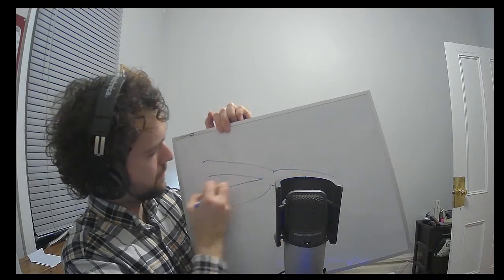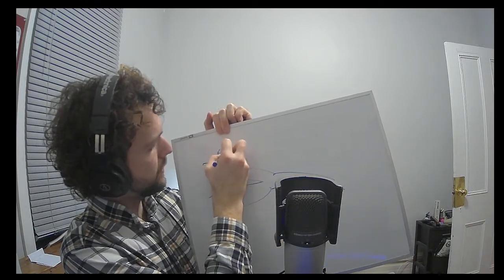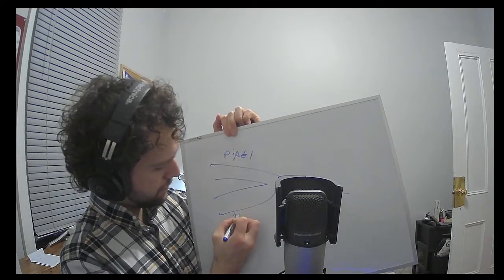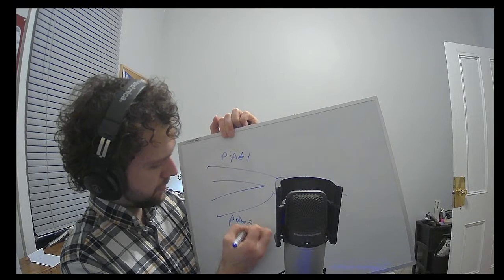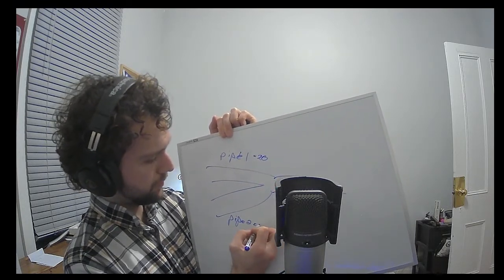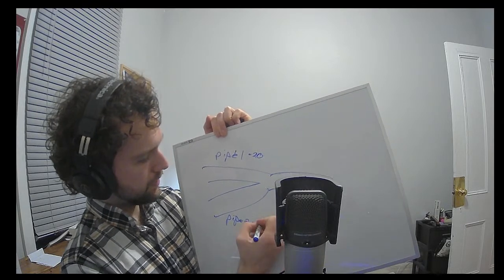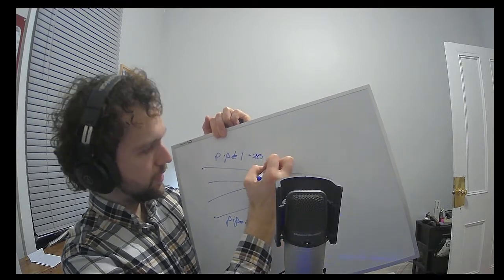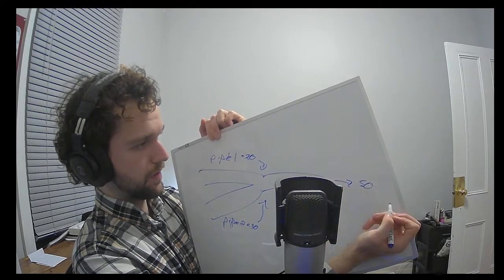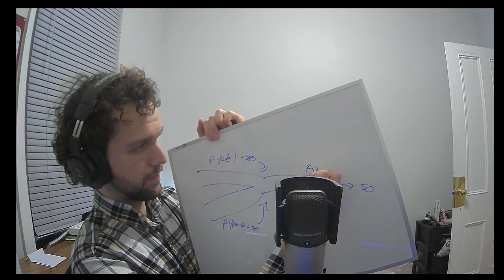We're going to have pipe 1. That's not how you spell pipe. Pipe 2. That's going to be equal to 30 units of volume, and pipe 1 is 20. They're going to feed into here, and what we're going to get out is 50 units of volume, in pipe 3.